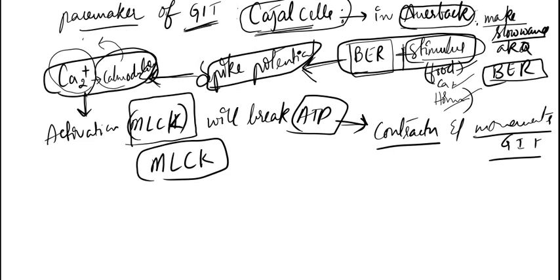Now this is all okay. Now where in the GIT will you see maximum BER, basal electrical rhythms? Duodenum.